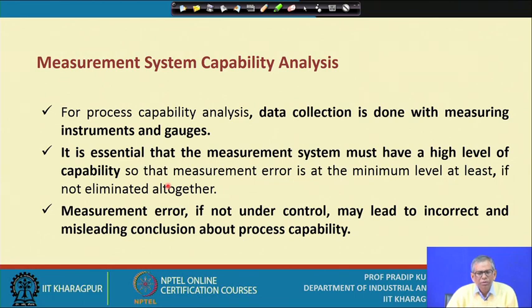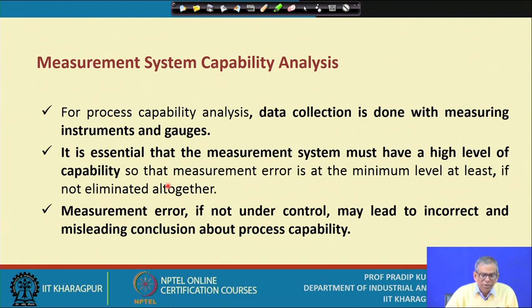So whenever you discuss process capability analysis, the discussion remains incomplete if you do not discuss the measurement system's capability. I think the context in which this topic is being discussed is now made very clear. For process capability analysis, let me go through some of the important points which I have written.